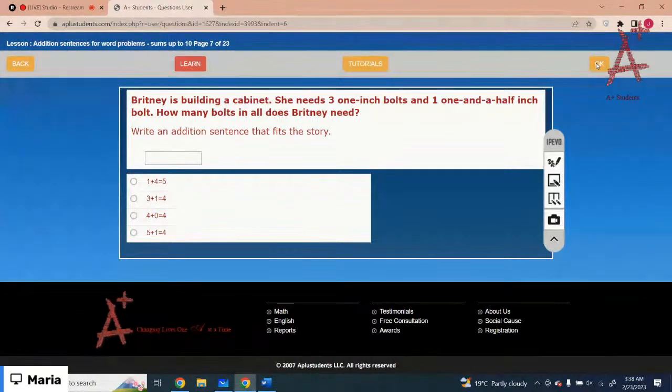Okay, Brittany is building a cabinet. She needs three 1-inch bolts and one 1.5-inch bolt. How many bolts in all does Brittany need? You have to add 3 plus 1.